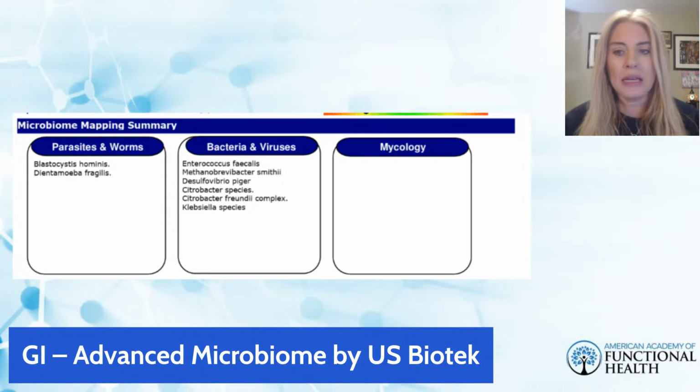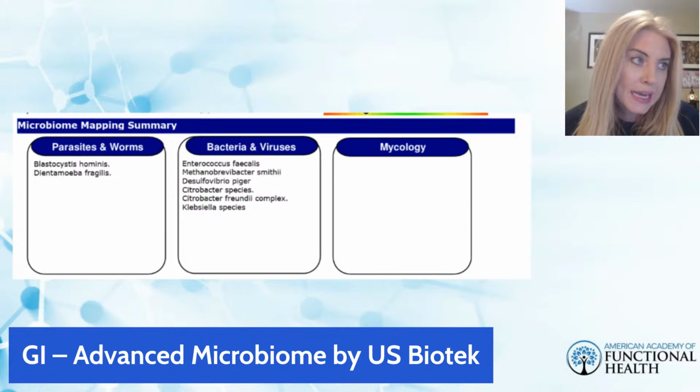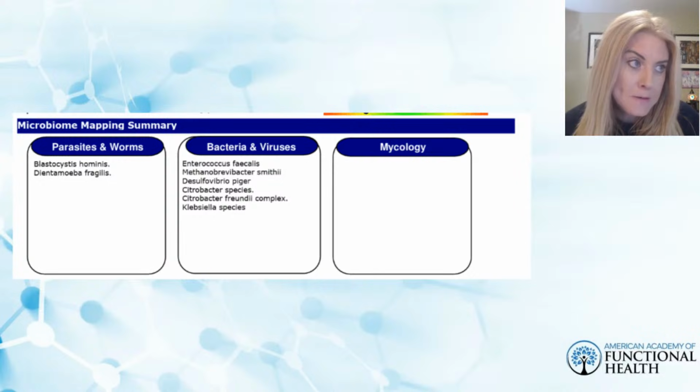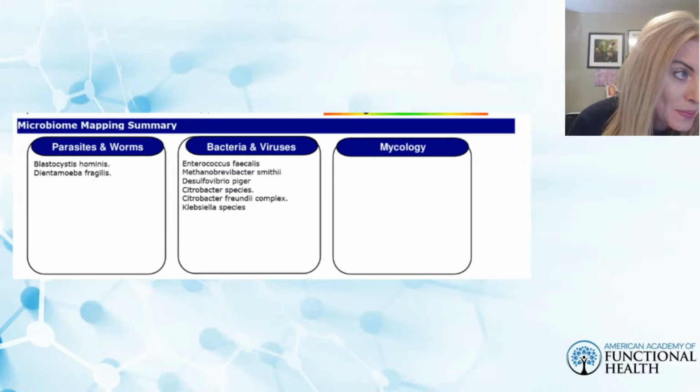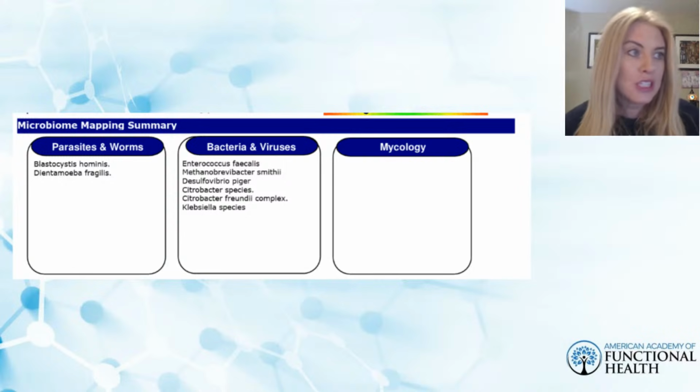You guys can take a look at several labs and I'm sure you'll find your favorite. But anyway, she had tested positive for Blastocystis hominis, and I can't say the next one very well, it's Dientamoeba fragilis. So I'm wondering, how long has she had these parasites?